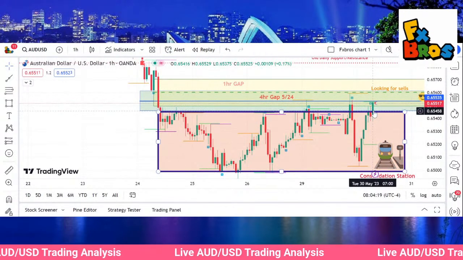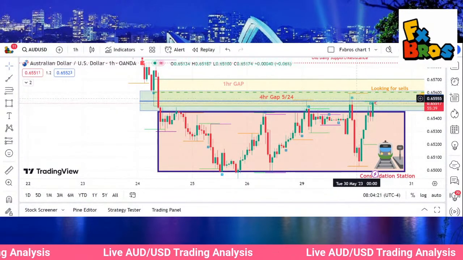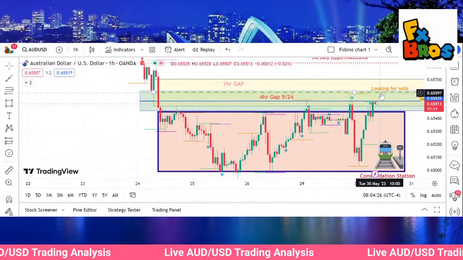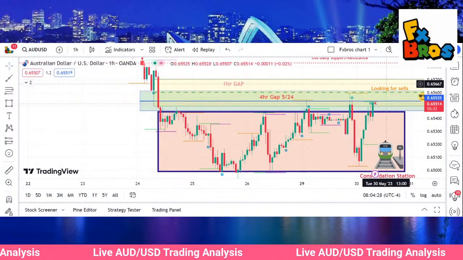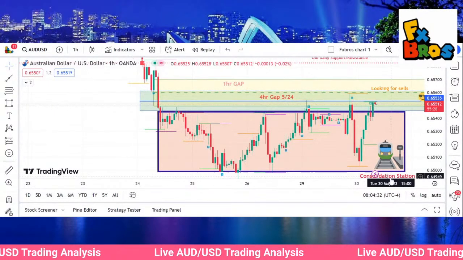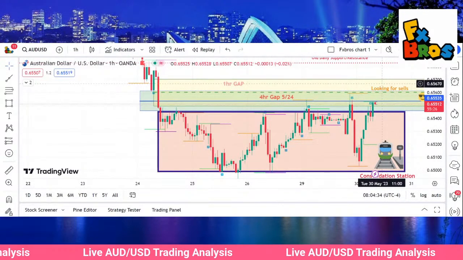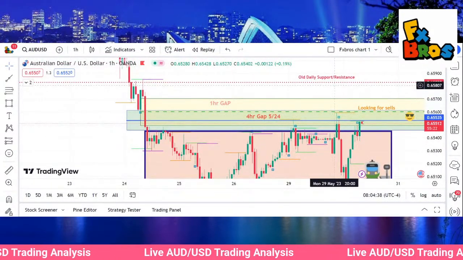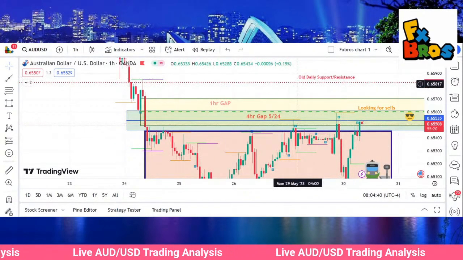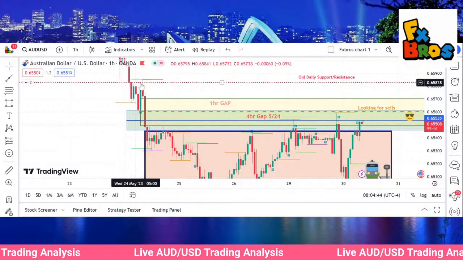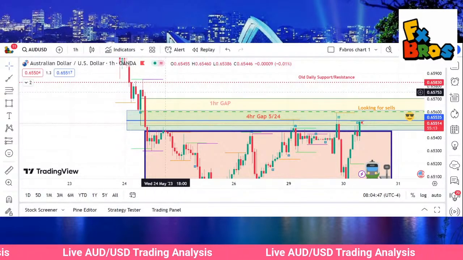Not sure how this one's going to play out. I think we are reaching for these highs just to fill more into this 1-hour gap. And then we'll reach up here, and that should be enough power for us to sell off. If not, if we continue higher, then we possibly, early in the week, are going to reach this old daily support and resistance that we just broke through Wednesday, Thursday last week.